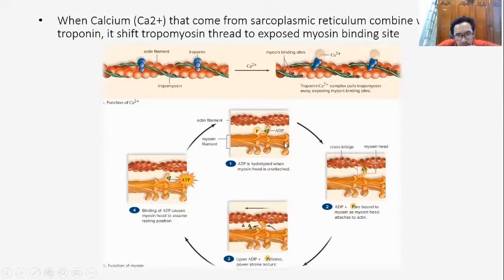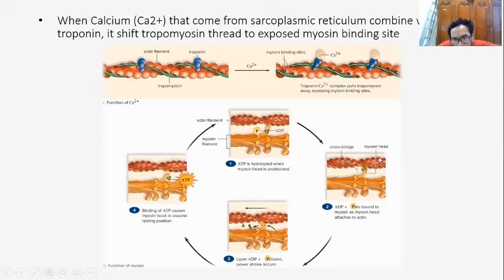This is myosin. For the first step, ATP is hydrolyzed, so it releases ADP and P. You see this in the picture, ADP and P. They are hydrolyzed when the head of the myosin is unattached. In the second step, the ADP and P are bound to the myosin as the myosin head attaches to the actin.